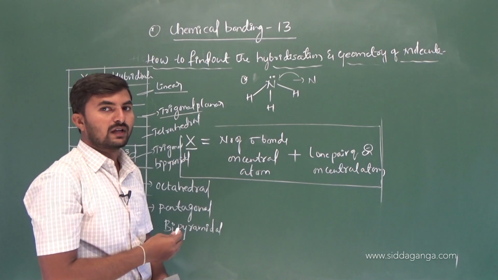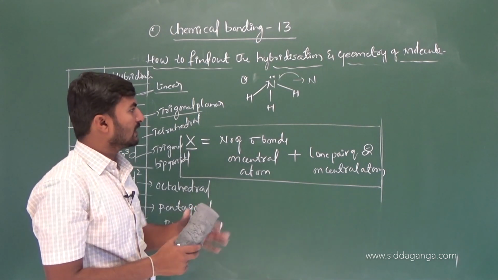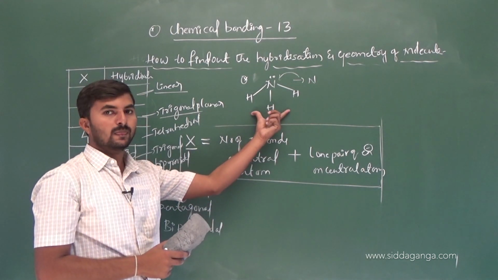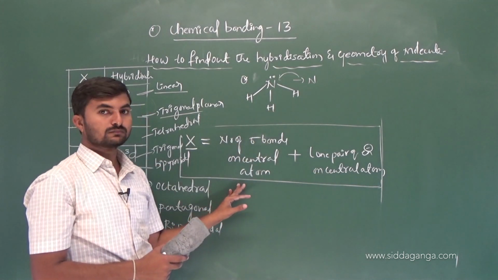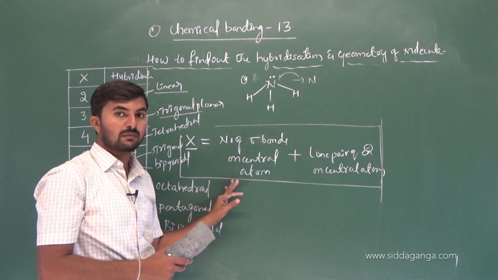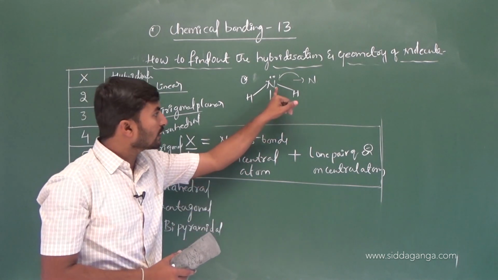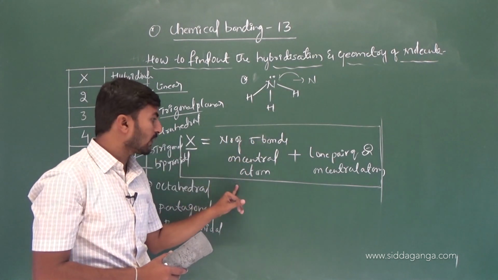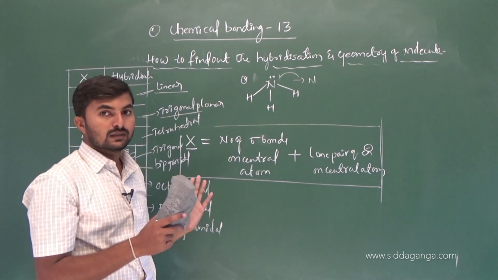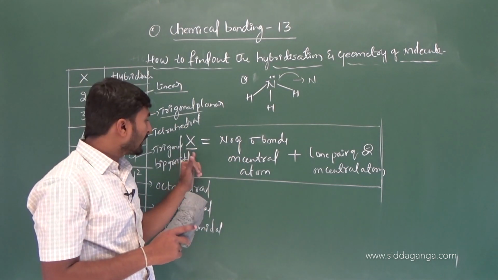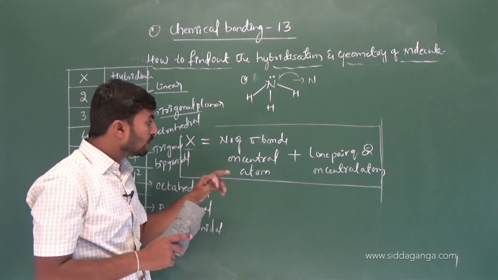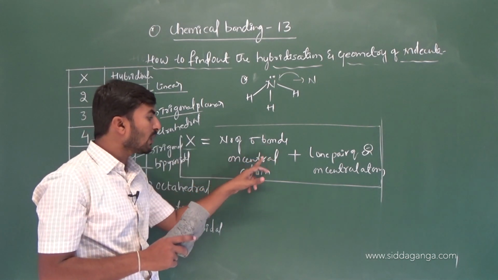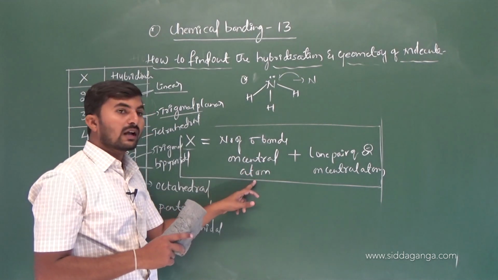How to identify it? By using this formula, because the structure is already known. If we know the structure of the molecule, then only this formula is applicable. If we do not know the structure of the molecule, then this formula is not valid, because in order to find out the value of x, we need to know the number of sigma bonds on the central atom.